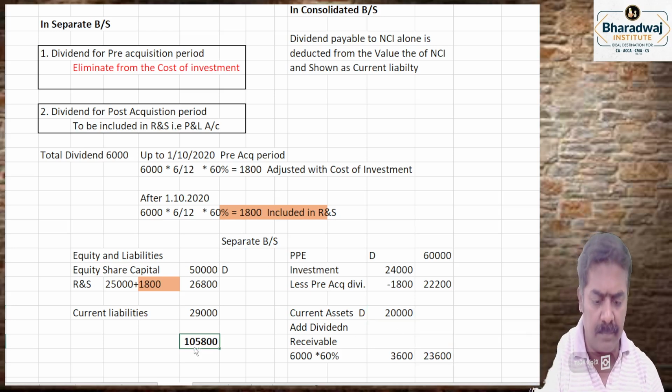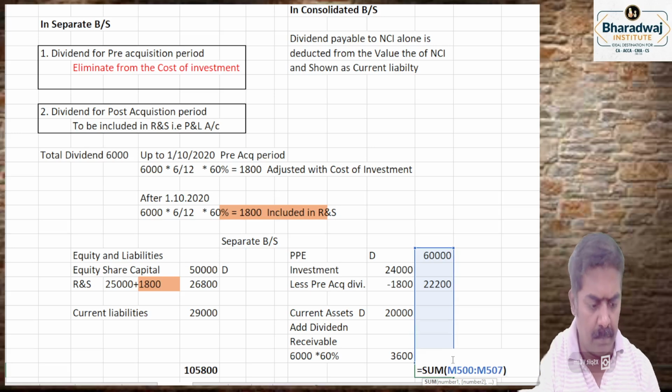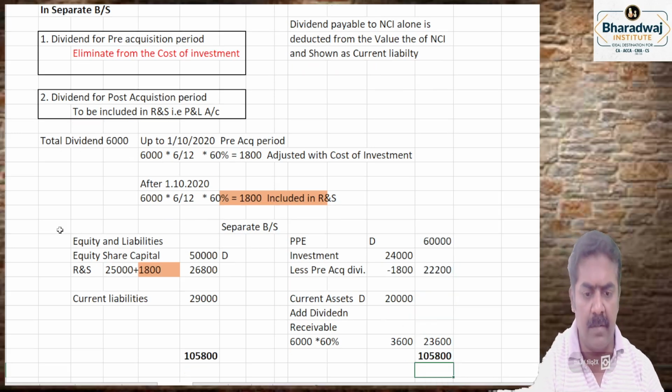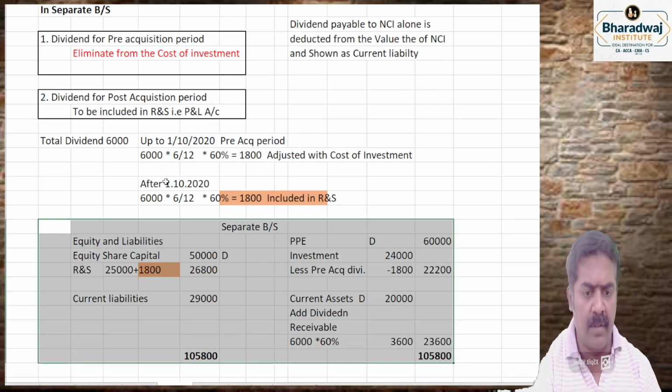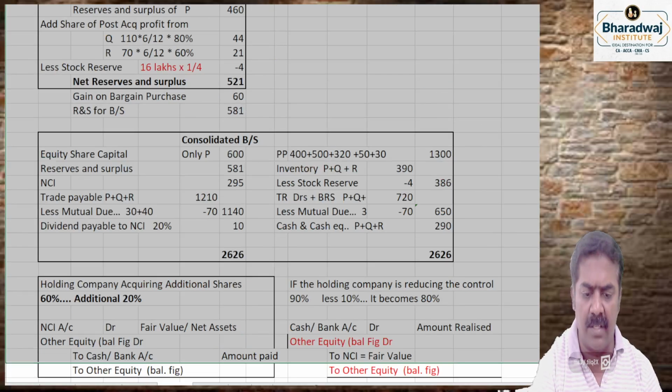Total it. This is for which one? Separate balance sheet. Then we'll do the consolidated balance sheet.